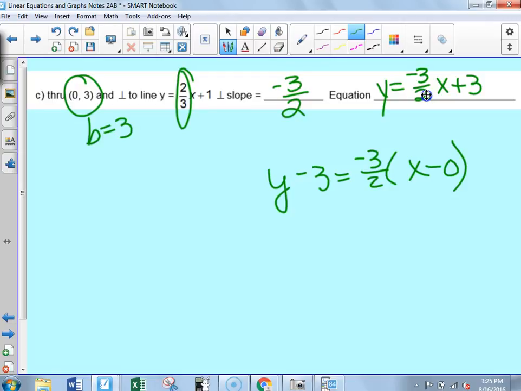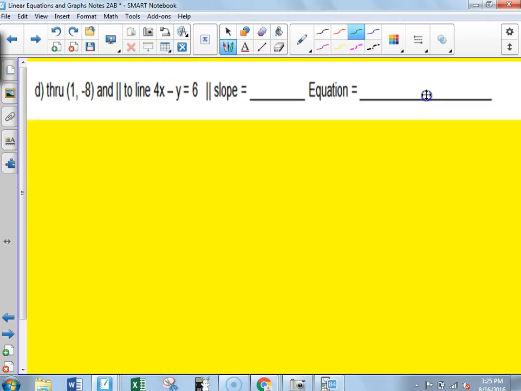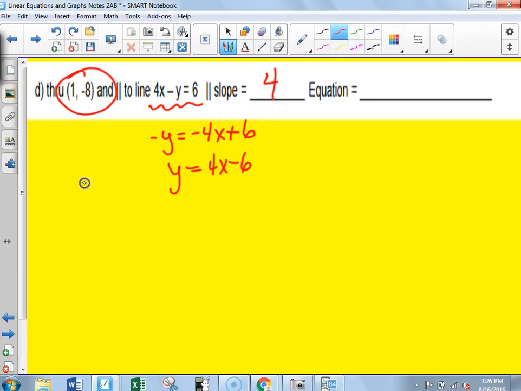Ready? What are we supposed to do here? Parallel, right? Okay. What do we have to do first, though? Find this slope, because it's not in a nice form. Okay, if I get it in that form, what's the slope? 4. Do I have to flip it over and change the sign? Not for parallel. So now you guys finish?